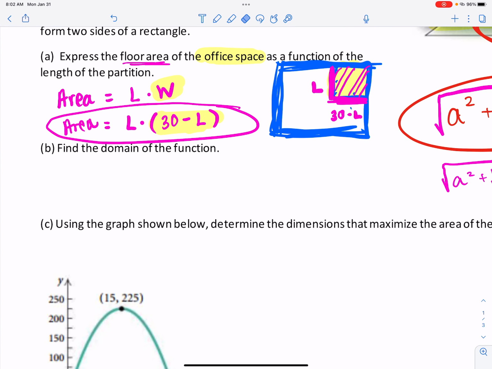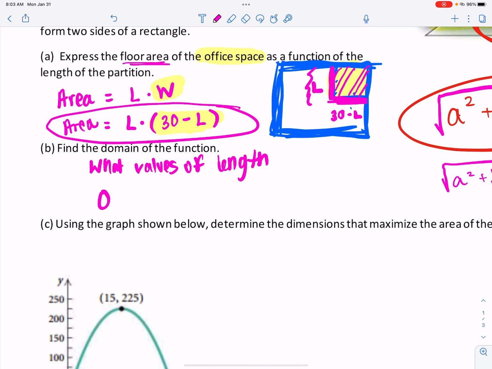All right, and then the domain of this function, what is the least amount of length we can have? What do you guys think is the minimum length? If I took a ruler up to this wall and I tried to measure it, what would be the smallest number on a ruler I could choose it to be? 0, yeah.